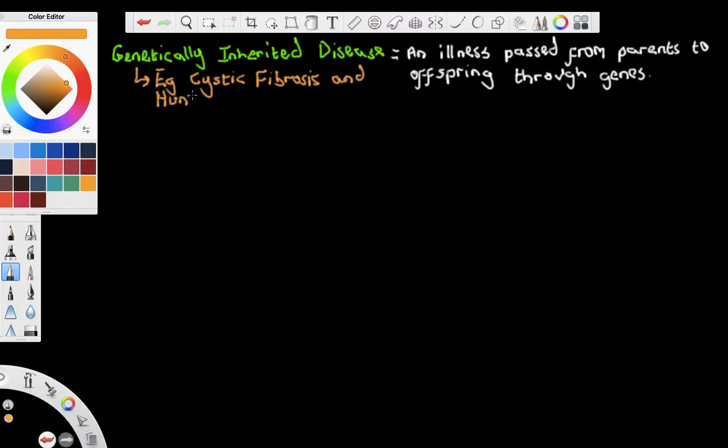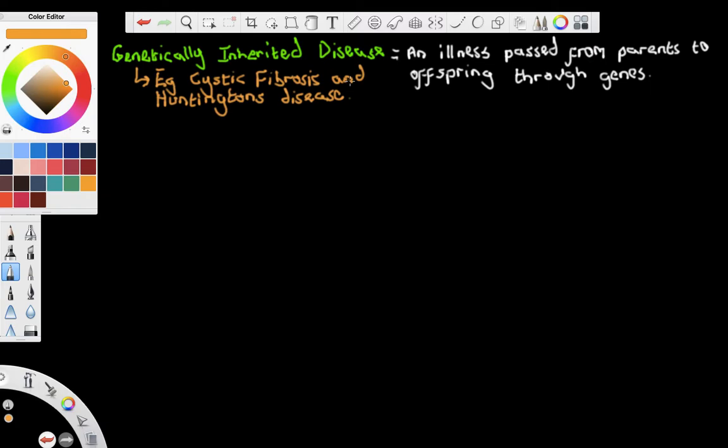It's a capital H because it's named after someone called Huntington. Okay? So a genetically inherited disease is an illness that's passed from parents to offspring through genes. Examples of these include cystic fibrosis and Huntington's disease.